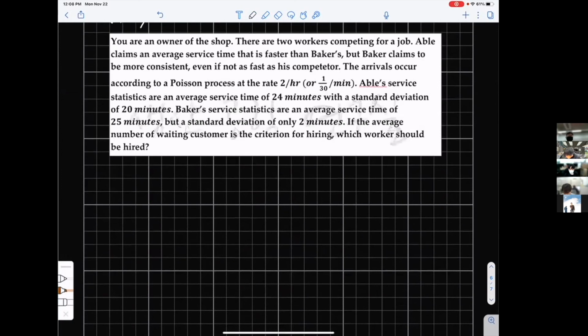Let's start this problem. The arrival rate lambda is 2 per hour, and this follows a Poisson process.